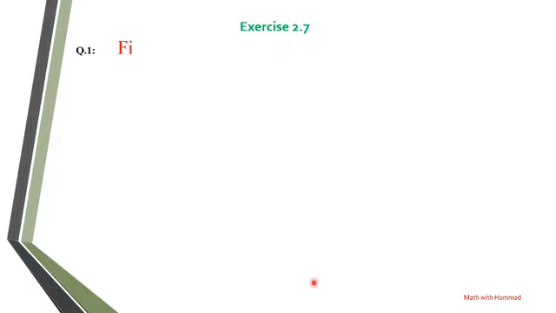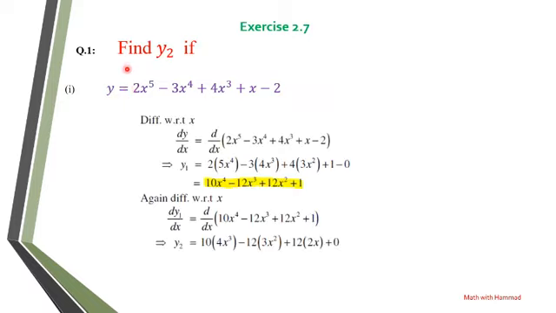Question number 1. Find y2, where y2 means the second derivative of y. First part: y is equal to 2x raised to power 5 minus 3x4 plus 4x cube plus x minus 2. We have to find the second derivative of y with respect to x.